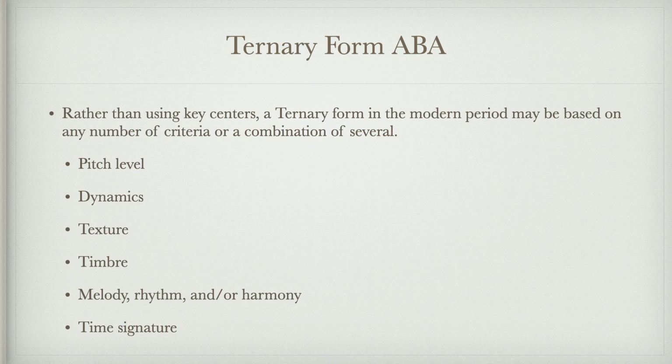You could have really strong, dense cluster chords in the A sections, and then the B section is very lyrical and clear with single melodic lines or contrapuntal textures. The timbre could change. The A sections might be one part of the orchestra, maybe the strings, whereas the B section is just the brass instruments, something that's really easily identifiable as being a new idea.